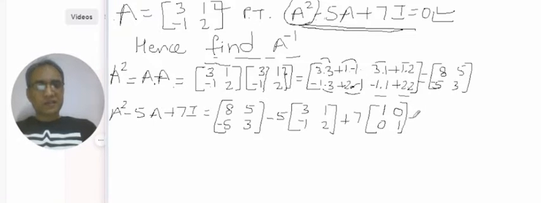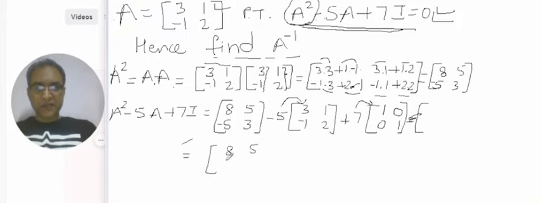Now let us simplify this. This 5 will be multiplied inside this matrix to each element. This 7 will be multiplied to each element of the next matrix. So let us do it here. This will become [8, 5; -5, 3]. This is as it is.